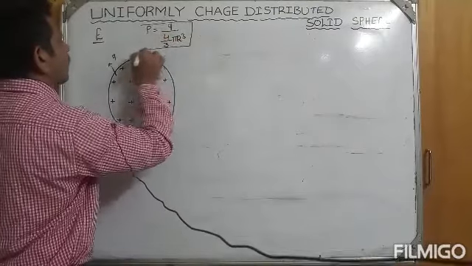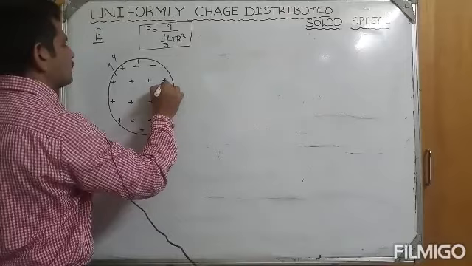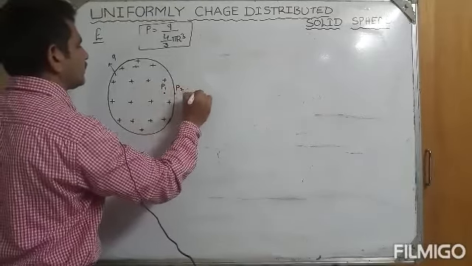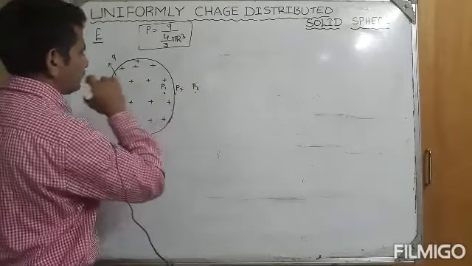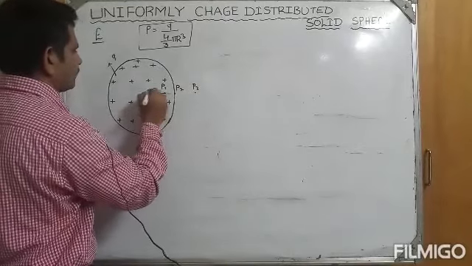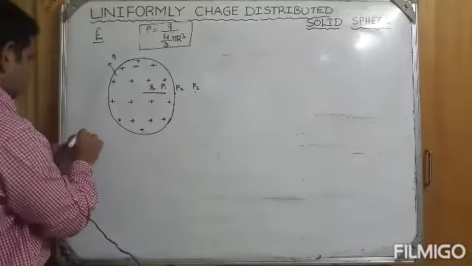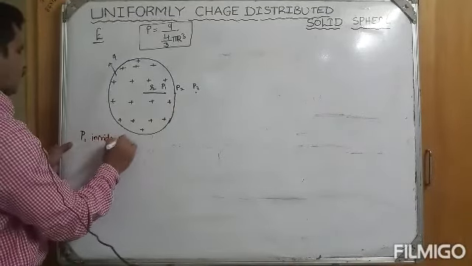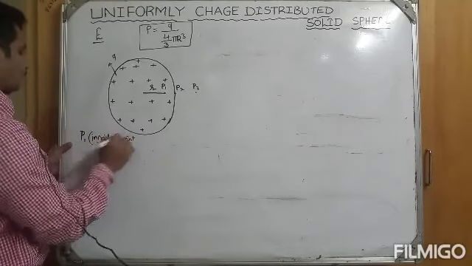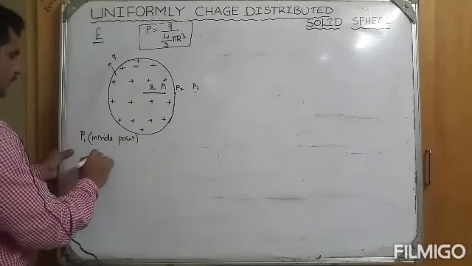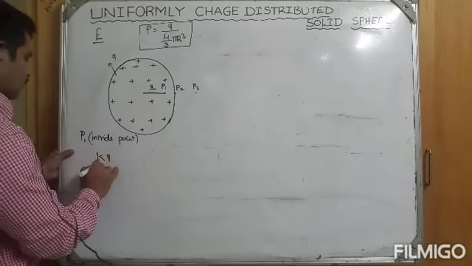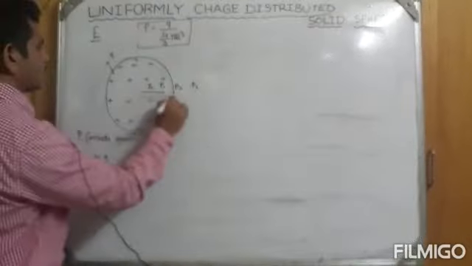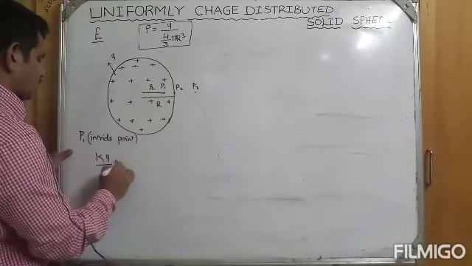Understand? For the uniformly charge distributed body, I gave you the inside point P1 completely. I have shown you kq by r cube into small r, where capital R is the radius.